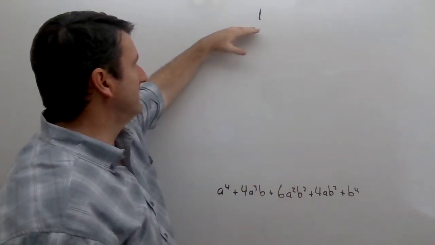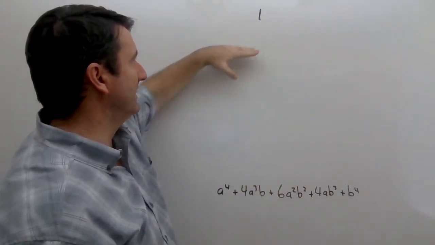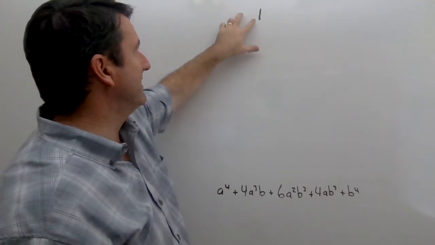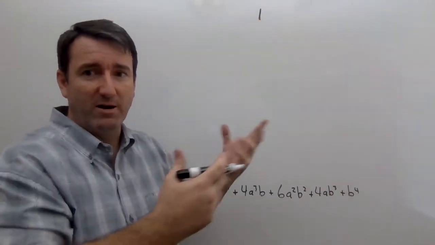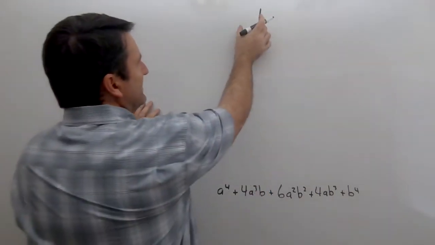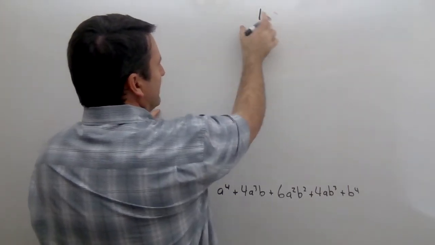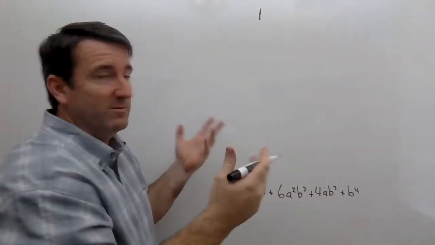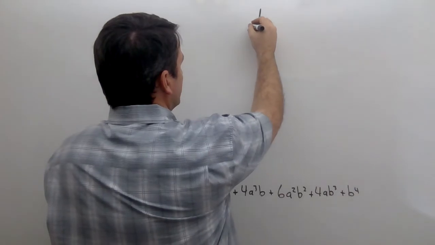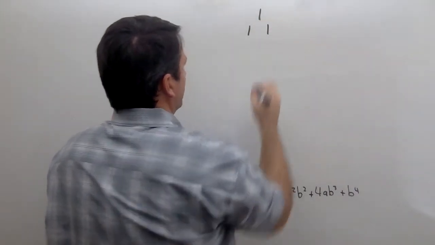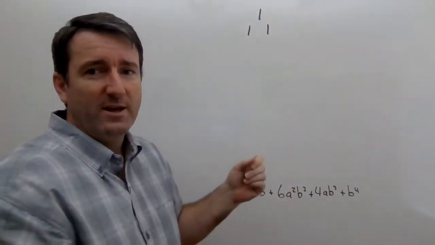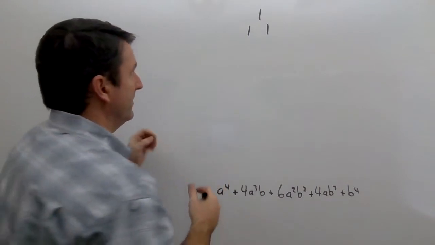And then to define this sequence, as we go down a level, we're going to add the two numbers directly above that number. So you can see here on either side of this 1, there's just a 0. So 0 plus 1 is 1. 1 plus 0 is 1. The numbers on the outside are always going to be a 1.